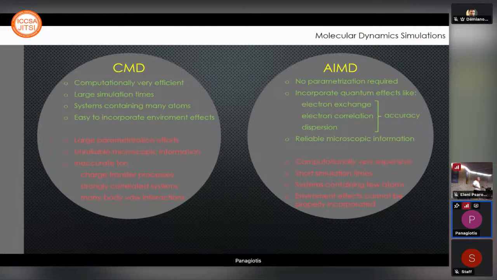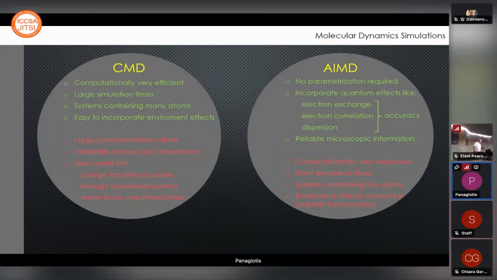The difference between both is huge and means that classical dynamic simulations can be run on systems containing thousands of atoms and for simulation times of several nanoseconds or even microseconds. Whereas ab initio molecular dynamic simulation only allows running simulations in systems with a few atoms and for simulation times of some picoseconds.